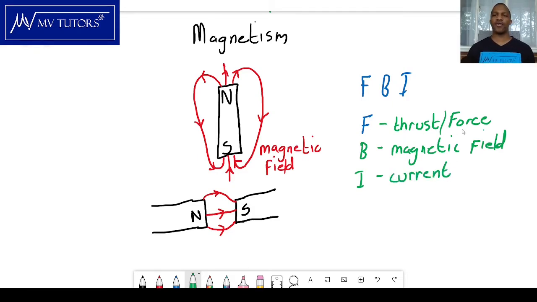So you know, force is always denoted by F, magnetic field is always denoted by B, and then current is always denoted by I. So these are the variables that you need in order for the energies to be transferred, or rather created, or converted. Now let's explore them a little bit more.